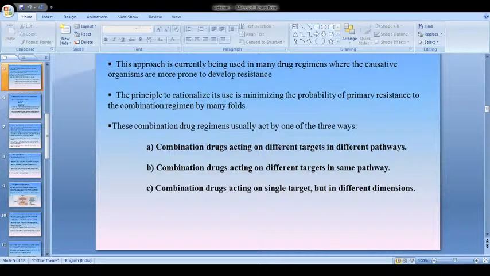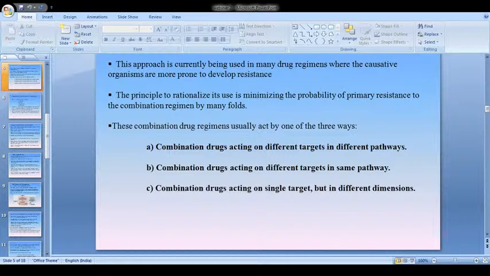And the combination drugs usually act in one of three ways. First, combination drugs acting on different targets in different pathways. The second is combination drugs acting on different targets in the same pathway.